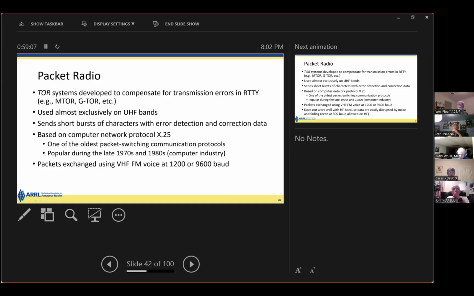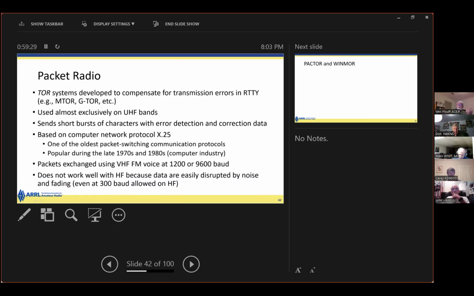Packets are usually exchanged using VHF FM or UHF FM at 1200 or 9600 baud. And there's work going on now to increase data rates, but those are the most common for off-the-shelf equipment and off-the-shelf systems. It doesn't work well on HF because the data transmission can easily be disrupted by noise and fading.